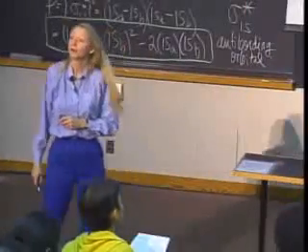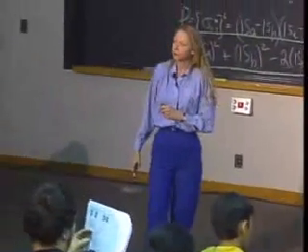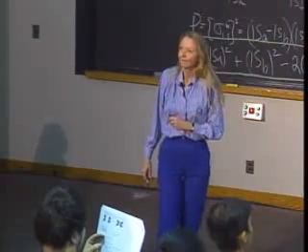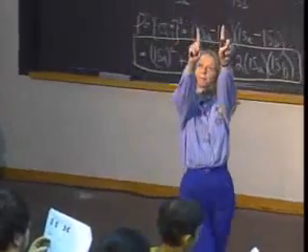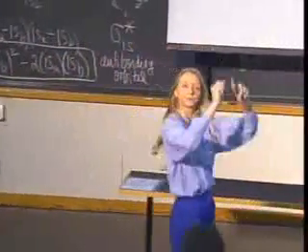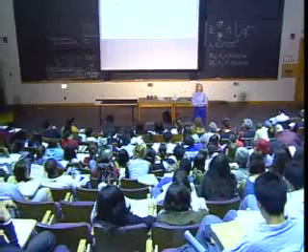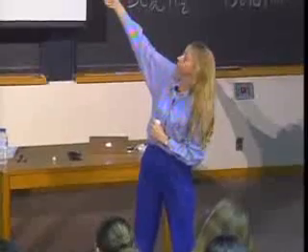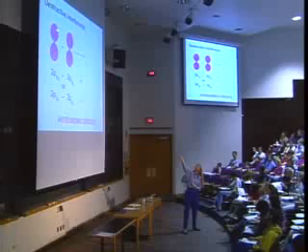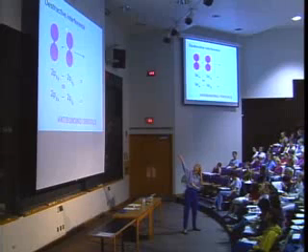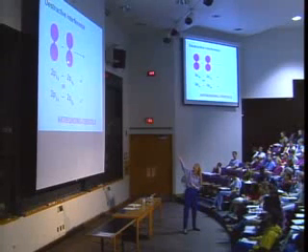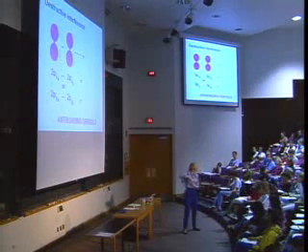Let's do that. Let's go back to 2px and 2py. Okay? They're the ones that come in parallel to each other. All right, so as we bring them in, we're going to do destructive interference. This part of the wave function is going to destructively interfere with this part. This part destructively interferes with that part.